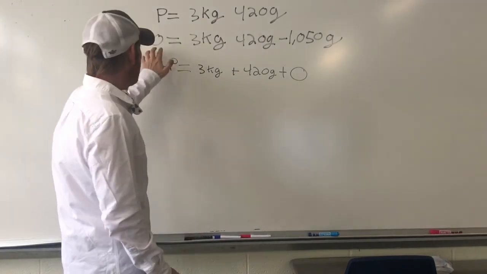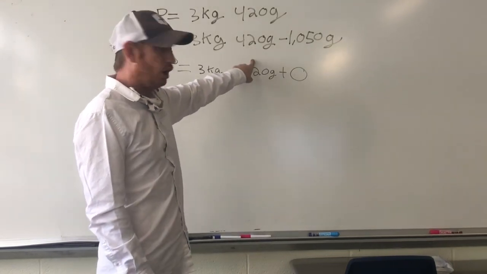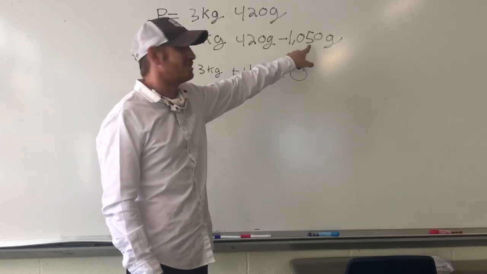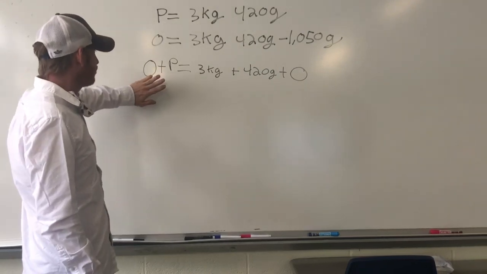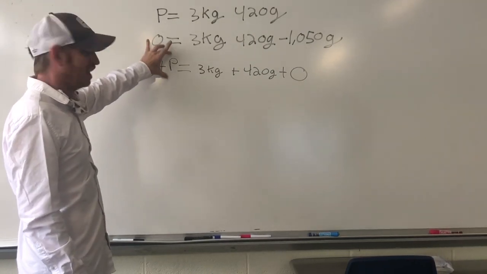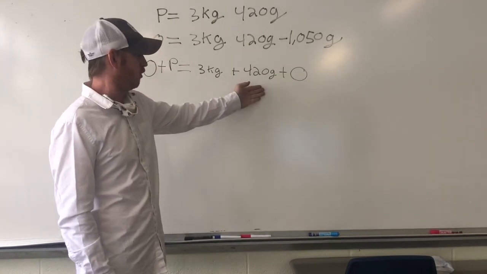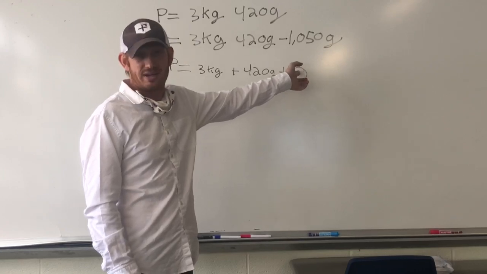We know that our onions weigh 3 kilograms and 420 grams minus 1,050 grams. And we know that we're trying to figure out what our onions plus potatoes are, which is our 3 kilograms, our 420 grams, plus whatever our onion weighs.